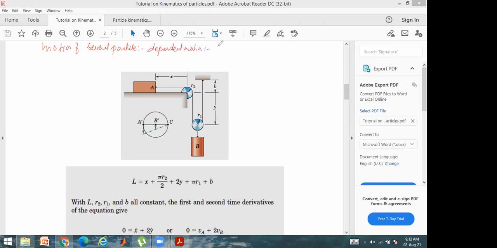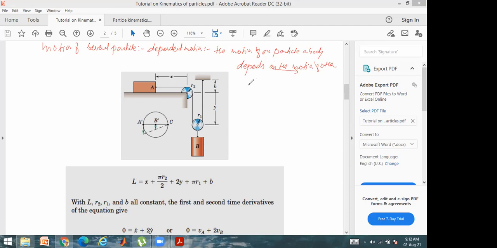That means the motion of one particle or body depends upon the motion of the other. This is one of the important concepts that we'll be discussing today.